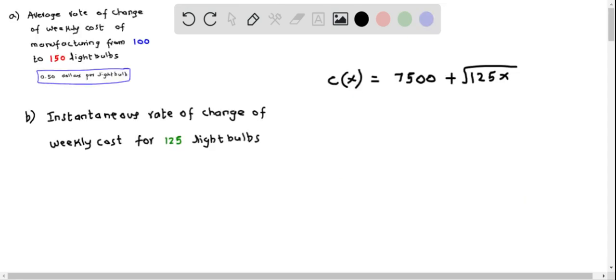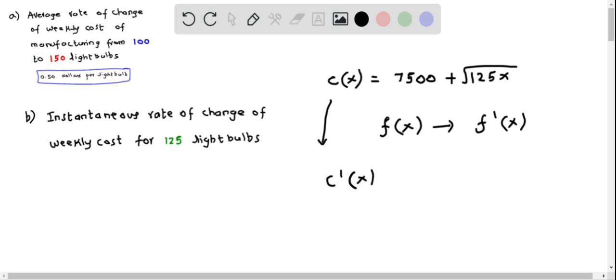We now determine the instantaneous rate of change of weekly cost for 125 light bulbs. For a function f of x, the instantaneous rate of change is given by f prime of x, that is the derivative of the function. So for this cost function, the instantaneous rate of change is given as C prime of x, which is the derivative of C of x.